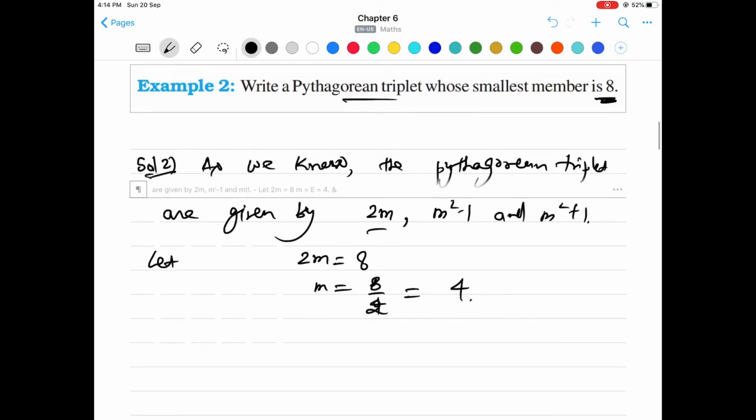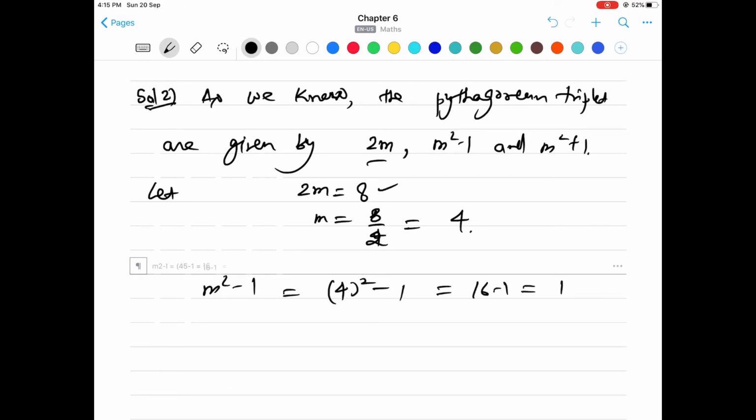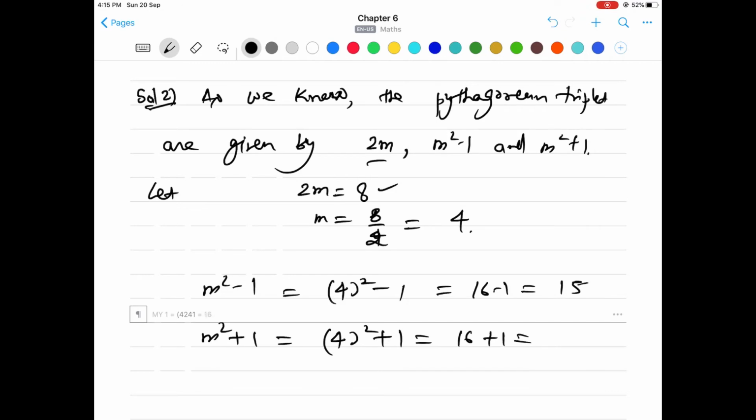Now let's find the triplet. The first number, 2m, is equal to 8. Now let's find m square minus 1, that means square of 4 minus 1. Square of 4 is 16, minus 1 will be 15. Next we find m square plus 1, that is 4 square plus 1, which is 16 plus 1 equals 17.